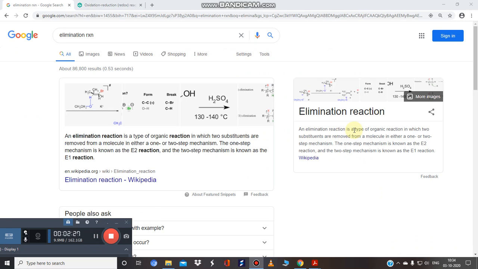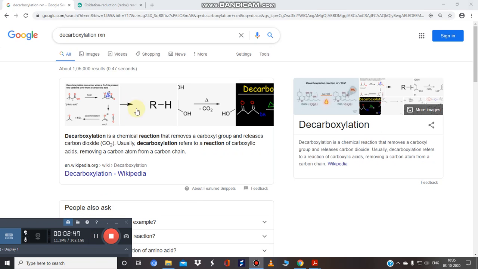Next is the elimination reaction. In this type of reaction, particularly in organic or synthetic chemistry, and we also see this type of reaction in the biosynthetic pathways, two substituents are removed from a molecule. Either a one or two step mechanism is involved in the elimination. Elimination means to remove. Next one is the decarboxylation reaction.